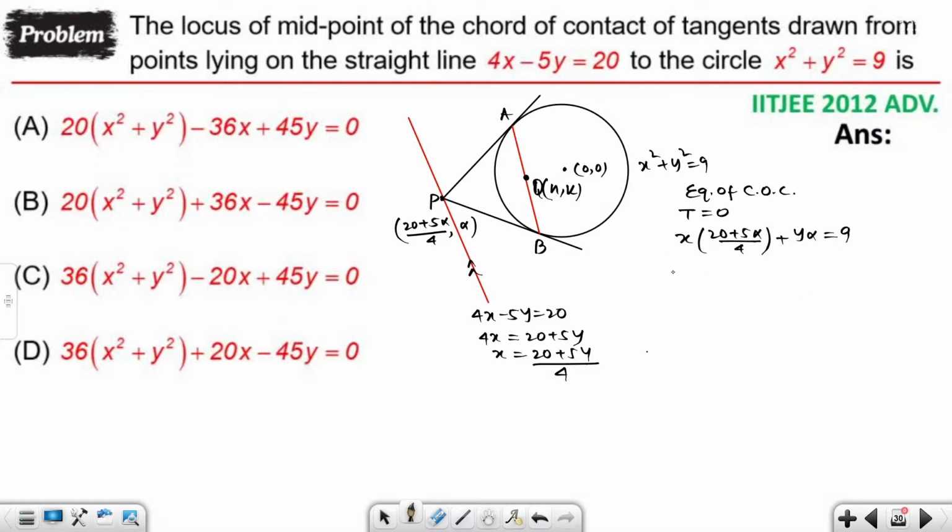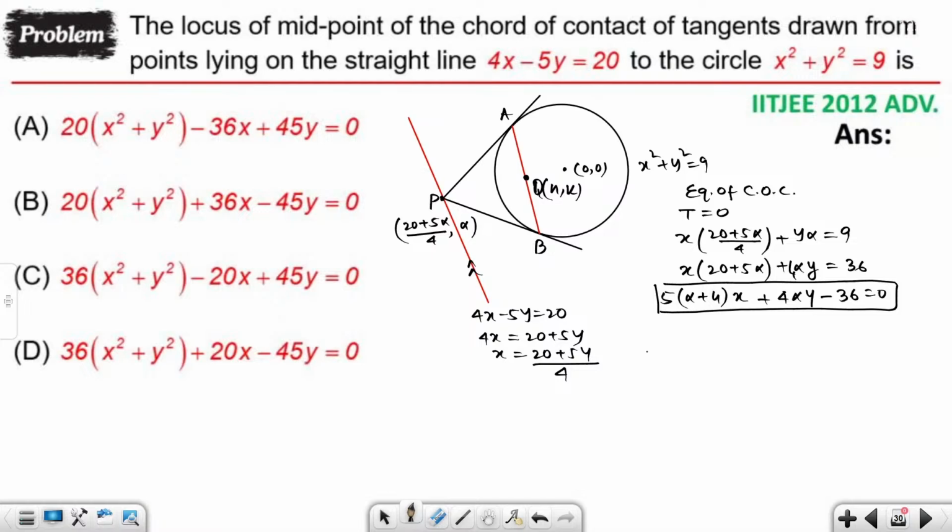Therefore, the equation of the chord of contact is (5 alpha plus 20)x over 4 plus alpha y equals 9, that is, (5 alpha plus 20)x plus 4 alpha y equals 36. Isn't it so? I'm simply writing it here: (5 alpha plus 20)x plus 4 alpha y minus 36 is 0. This is the equation of the chord of contact.